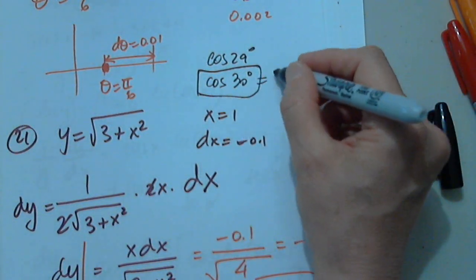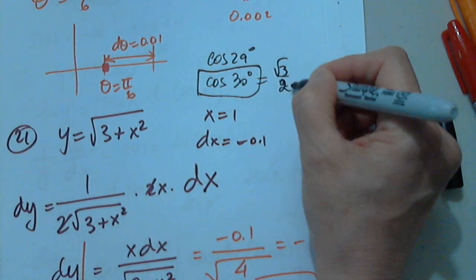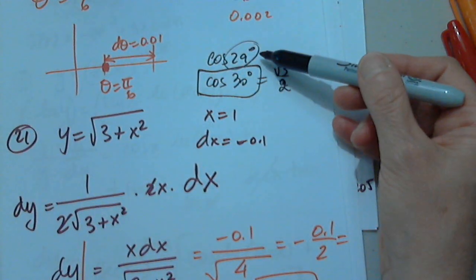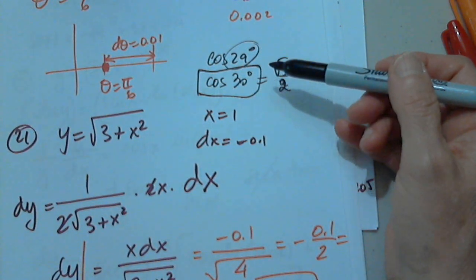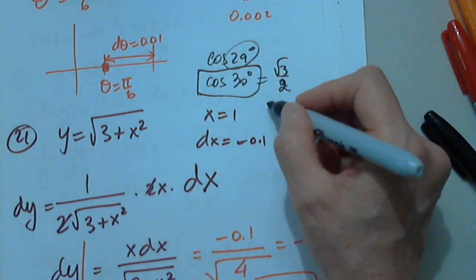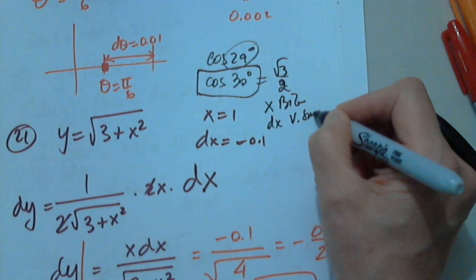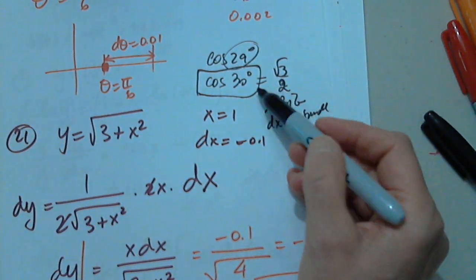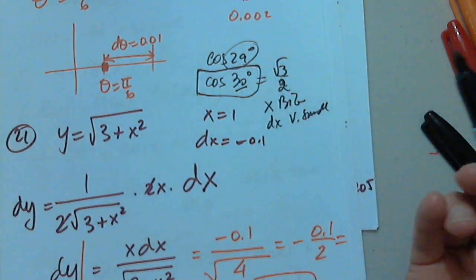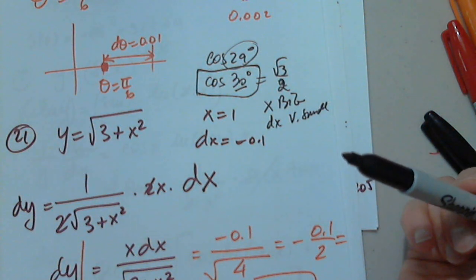So this one I know is the square root of 3 over 2. But who cares about 29? So obviously, x has to be big and dx very small. What can it be if I'm talking about 29? It can only be 30 and negative 1.